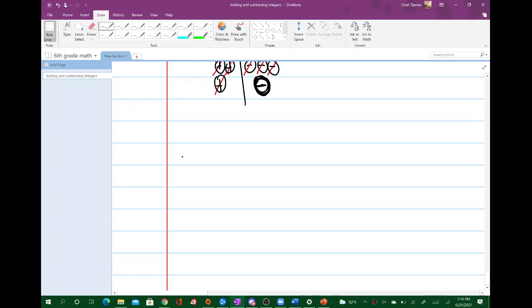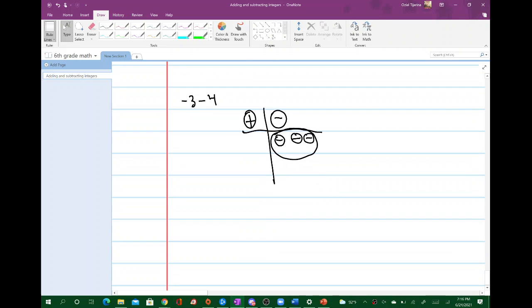Now, let's say I do have a -3 minus 4, and I have no positives, but I have a bunch of negatives, right? So basically the way that I would do this really is like this. I have 1, 2, 3 negatives, and I also have other negatives here, 1, 2, 3, 4.